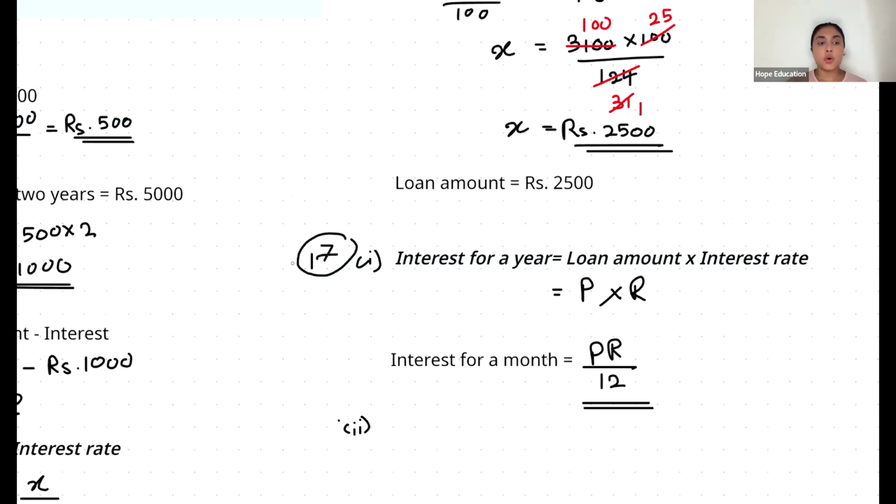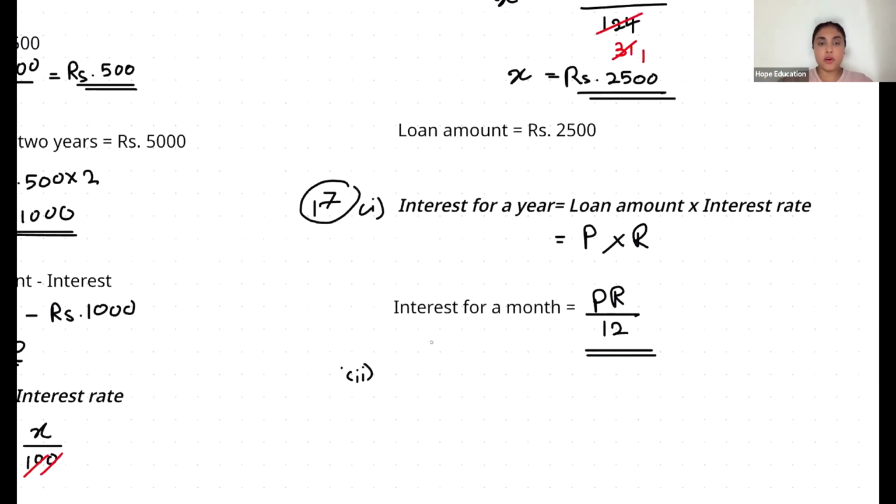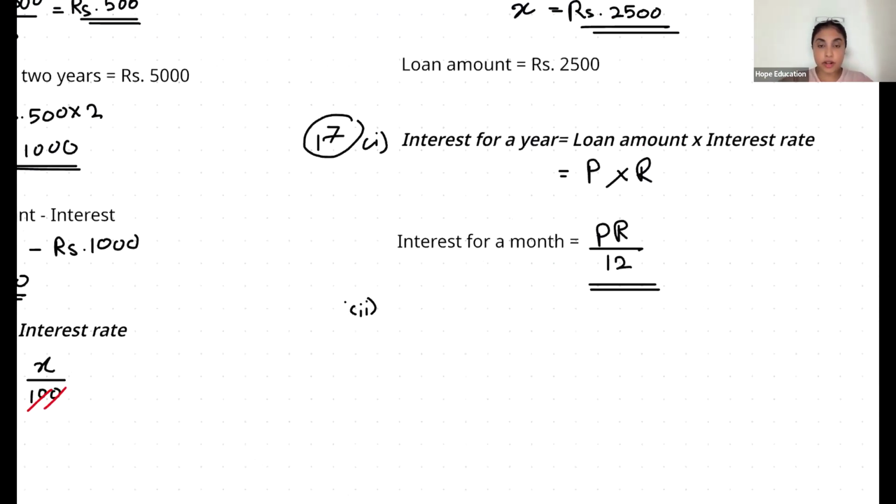Okay, so interest for T years means now we know the interest for 1 year. Interest for 1 year is PR, right? So PR, we have to multiply by T. T is the number of years. So you have to multiply the one year interest by the number of years.